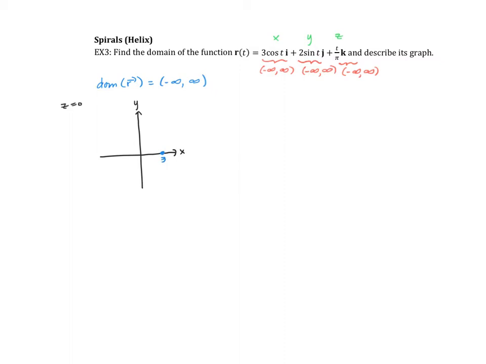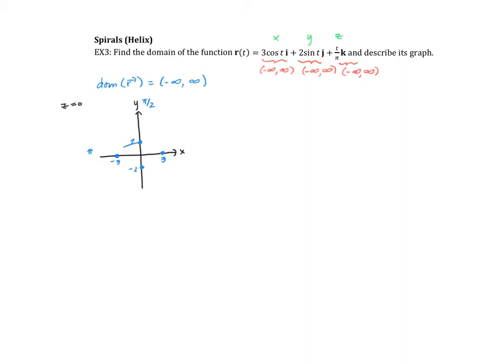Let's go to t equal to pi over 2. So at pi over 2, cosine of pi over 2 is 0, but sine of pi over 2 is 1, so I'm at (0, 2). And then let's go to pi. That would be negative 3 for my x value. My y value is 0. And then at 3 pi over 2, I'm at negative 2.